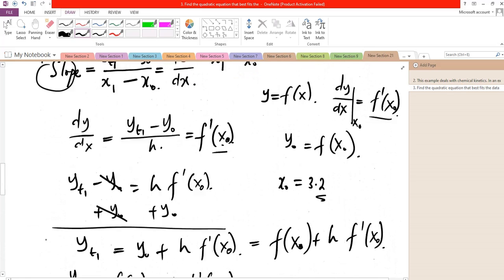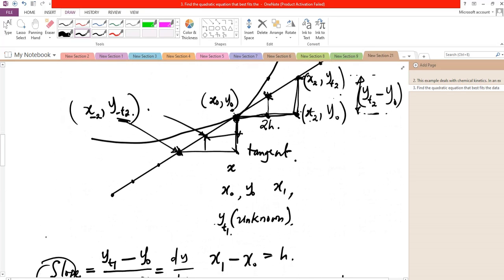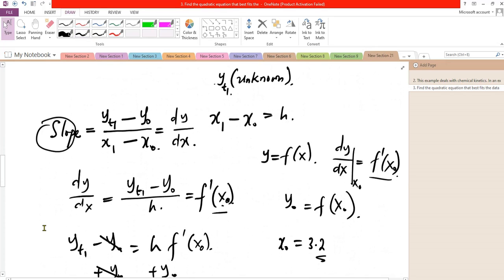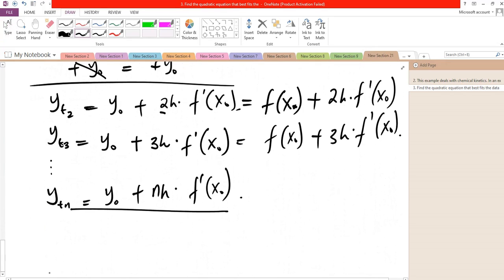So now we want to get that value. So let's assume from our mindset, we're expressing everything in this form.